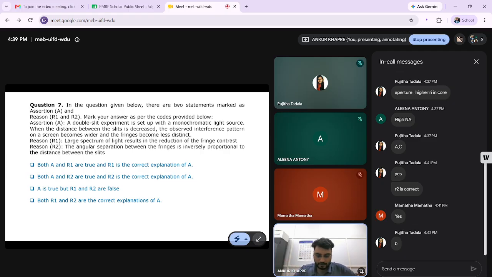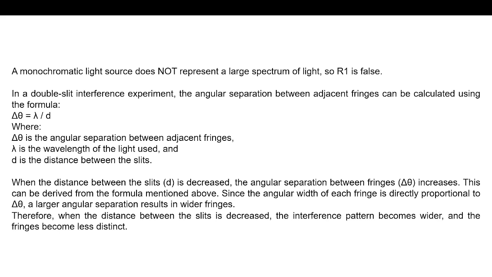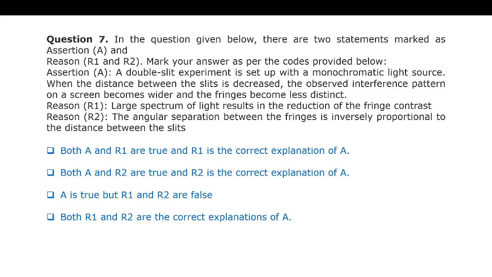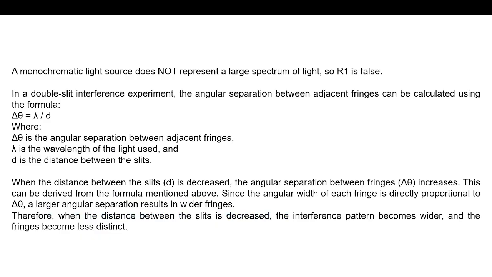Okay, let's move to the answer. A monochromatic light source does not represent a large spectrum of light, as you understood previously. We have discussed monochromatic light, and here it is discussed as a large spectrum of light, which is contradicting each other. So the contradiction itself says that R1 is false.